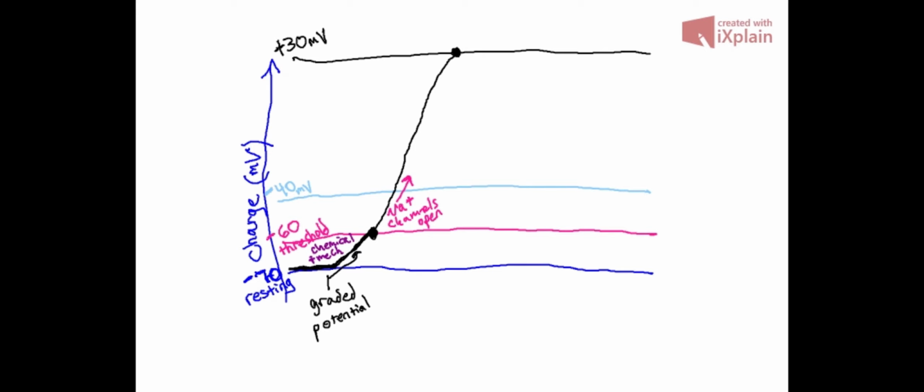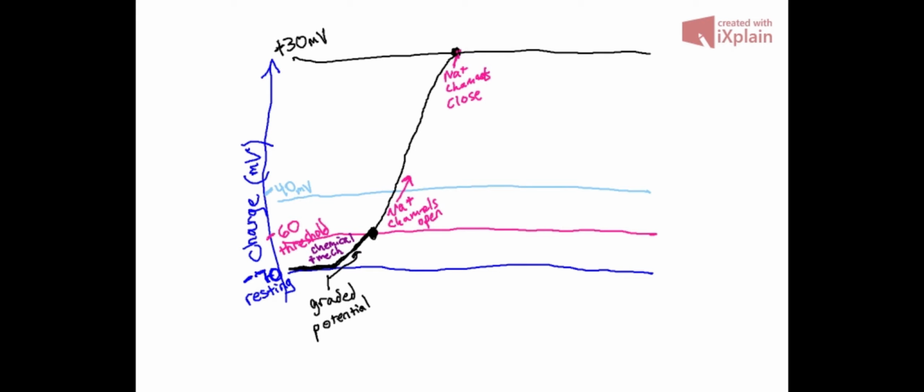And up here, when it hits 30 millivolts, the sodium channels automatically close. So no more positive sodium can come into the cell, making it more positive. So it kind of tops out right there.